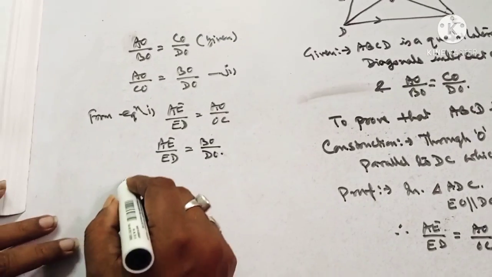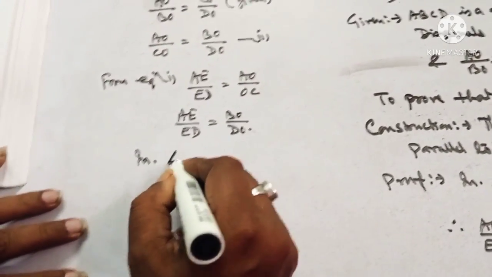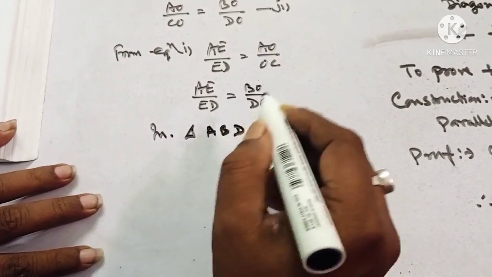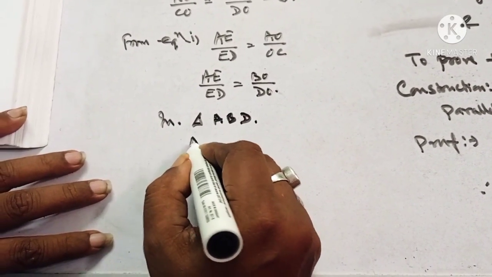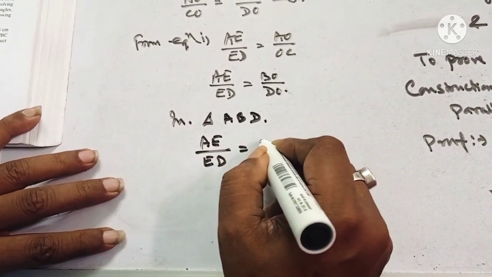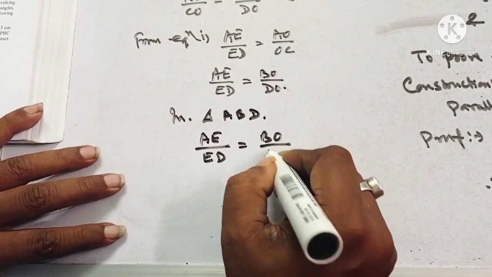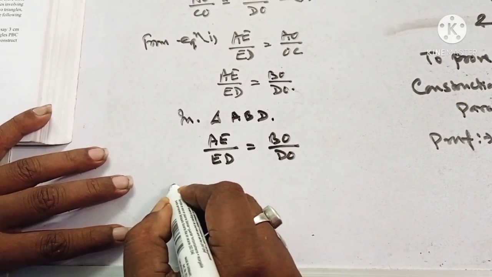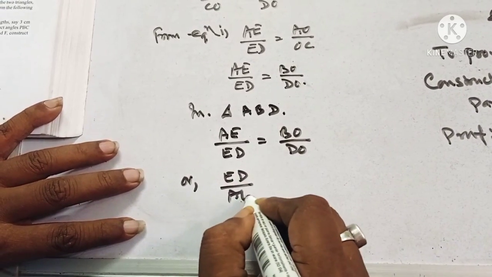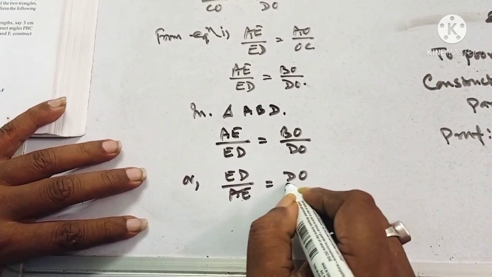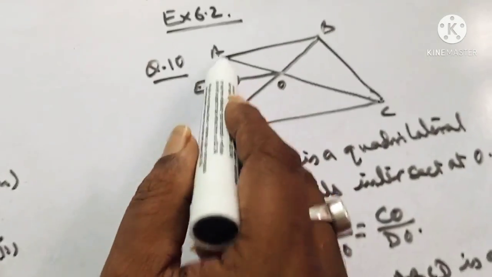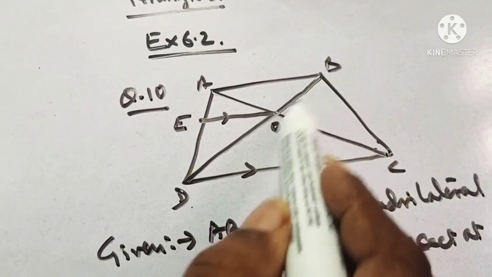So in triangle ABD, AE by ED is equal to BO by DO, or we can write ED by AE is equal to DO by BO. So DE by AE is equal to DO by BO.